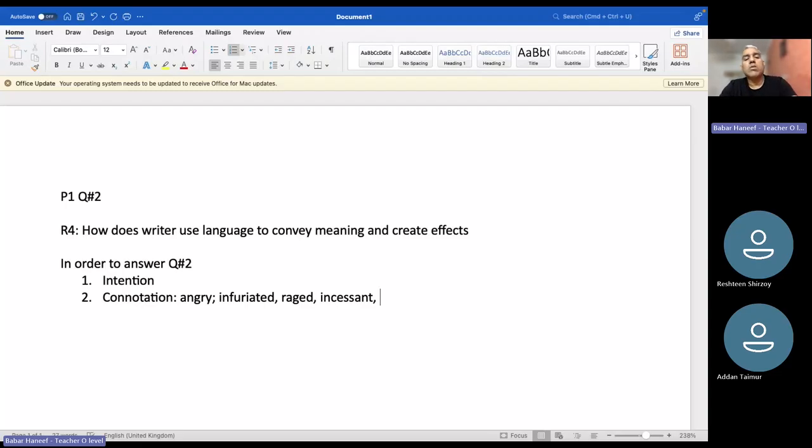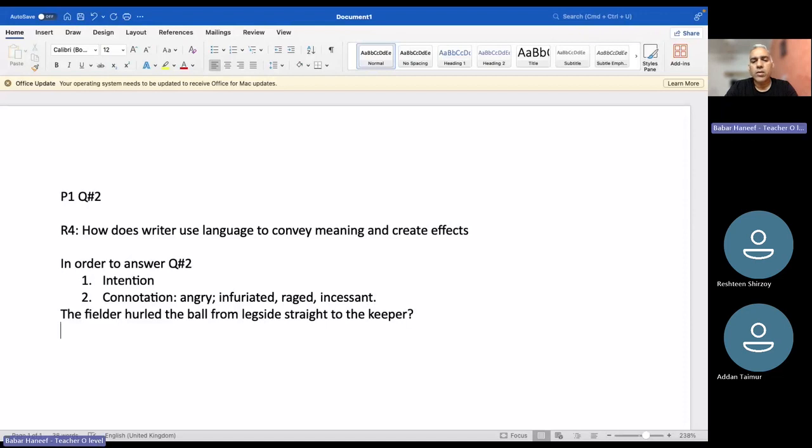All right, so connotation. One of your questions in the paper asks you why the writer has used this word instead of the other one. It's really because of the connotation. You have to decide why the writer has used this word instead of the other one. For example, I'll write this example here: the left fielder hurled the ball from leg side straight to the keeper.